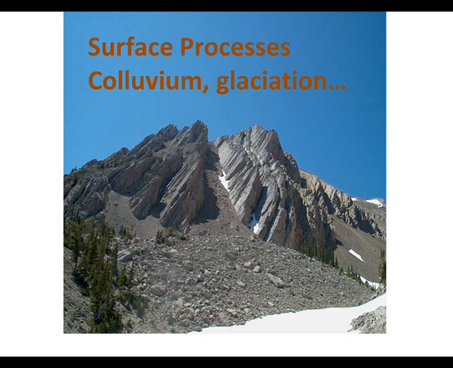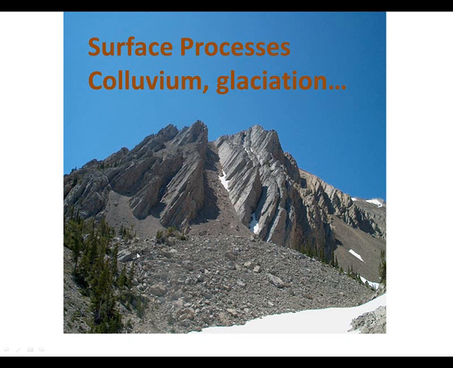So the bedrock is really important, but on top of the bedrock, water, wind, temperature, glaciation, erosion, deposition, those features are working to modify bedrock to make the modern landscape. So here is a steep chute of material that's rolling downhill, sliding downhill by gravity called colluvium.